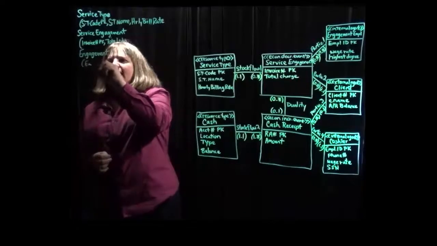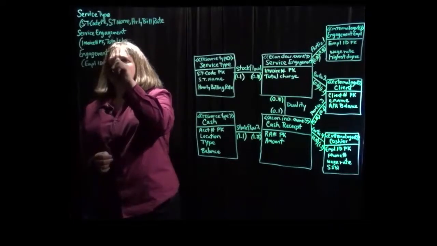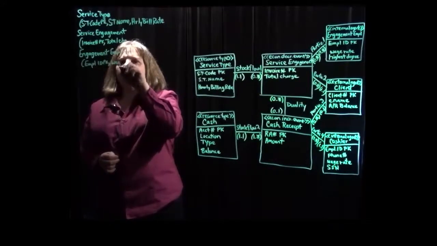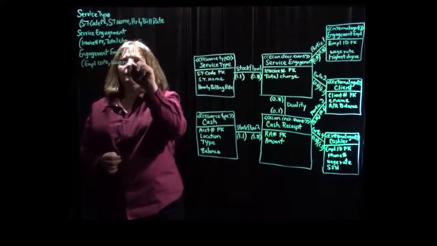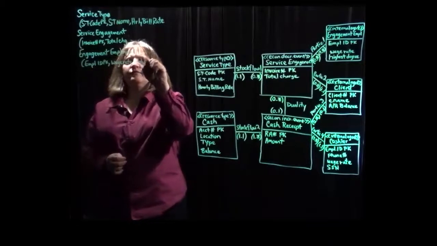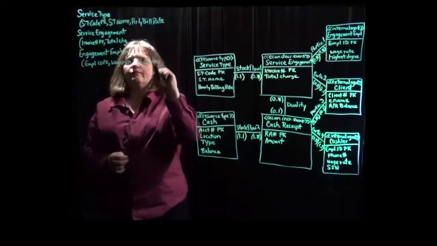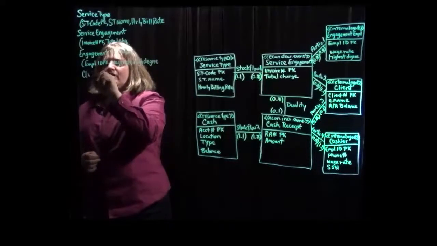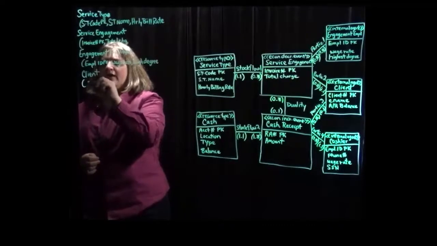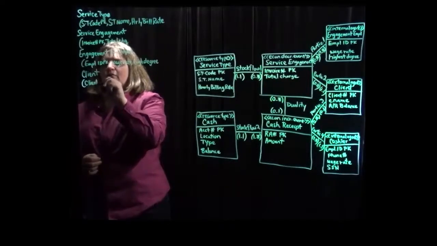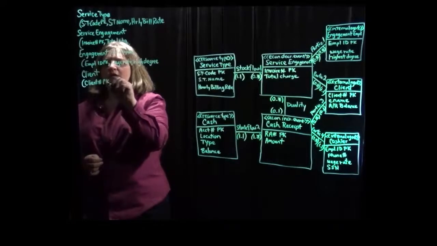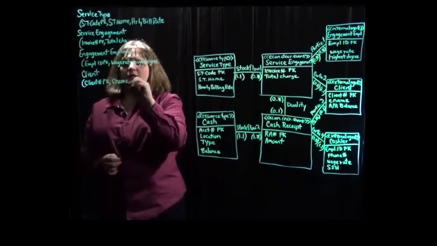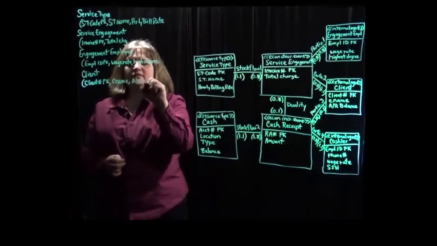That will have the employee ID as the primary key, and then also keep track of the wage rate and the highest degree. Then we have our client. We'll make a client table that will have the client number as the primary key. We'll also track the client name and the accounts receivable balance.